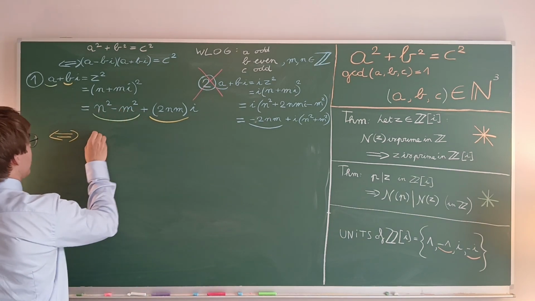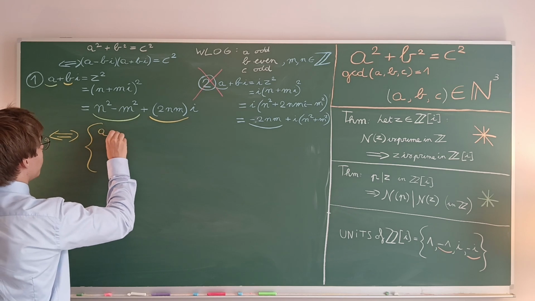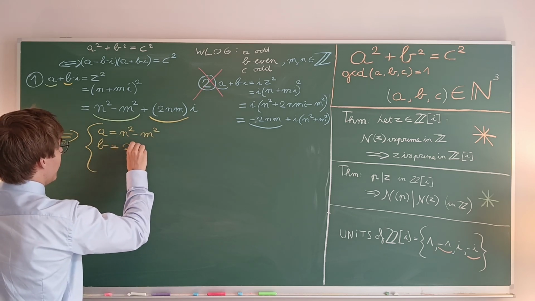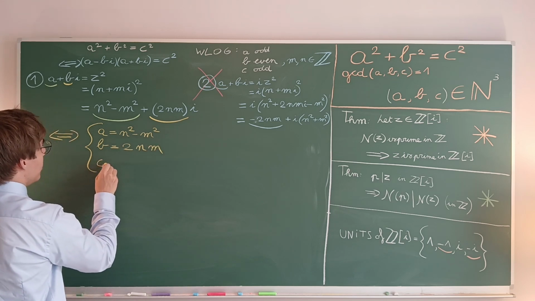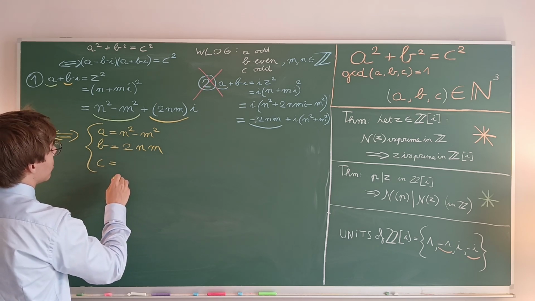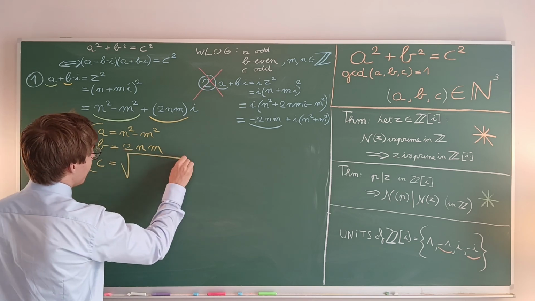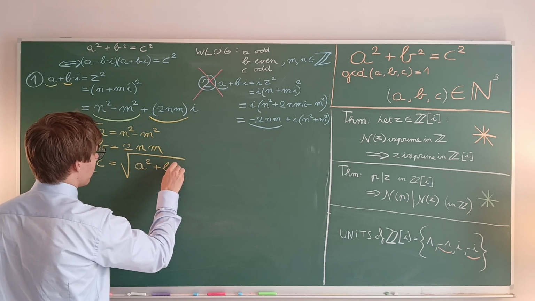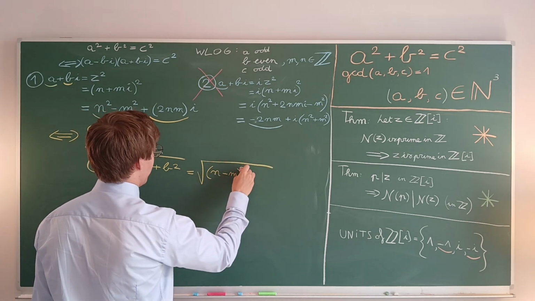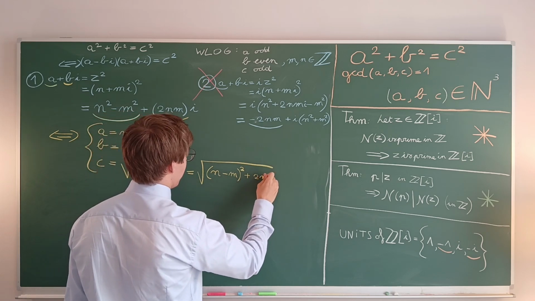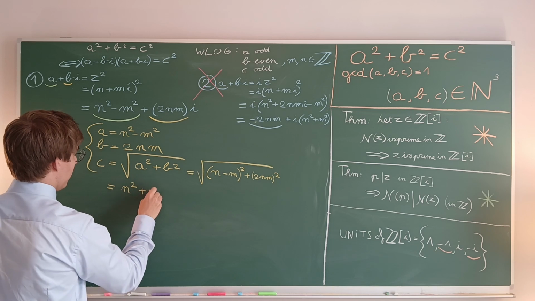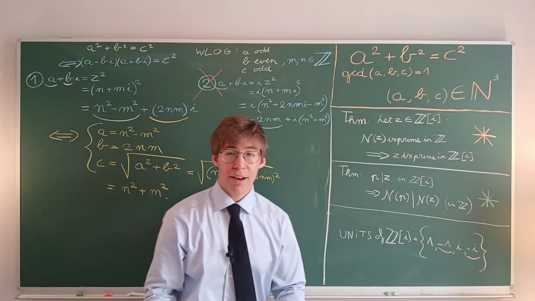So this gives us that a is equal to n squared minus m squared, and b is equal to 2nm, and c is equal to the square root of a squared plus b squared, which will be the square root of n squared minus m squared squared plus 2nm squared, and this will be equal to n squared plus m squared. And n and m have to be integers.